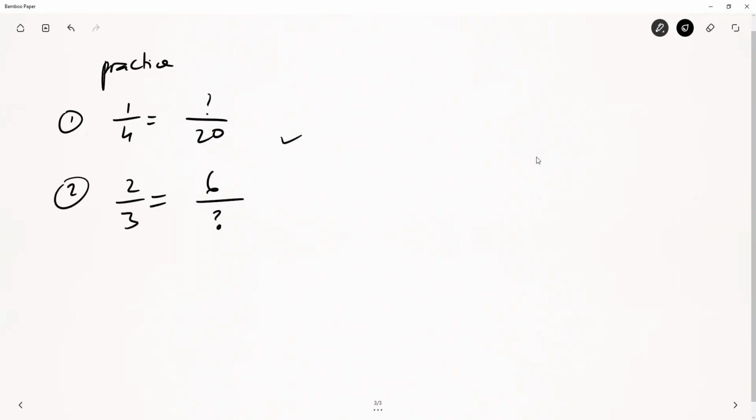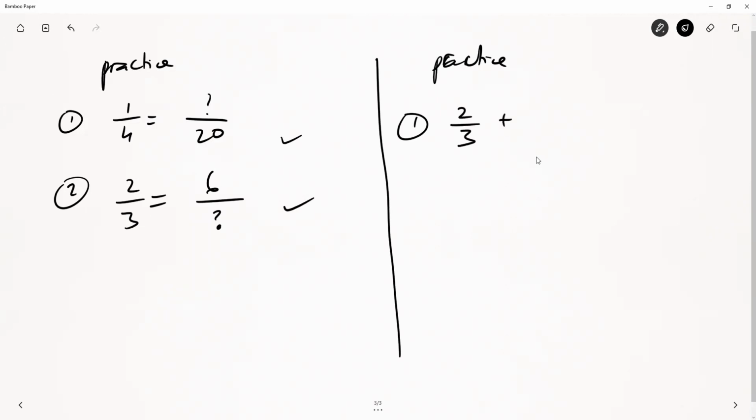So try to give some of these exercises, and after that we can go a bit further by giving them another practice, for example, the addition of fractions: 1/3 plus half, and then 4 on 5 plus, for example, 1 on 3, something like that.